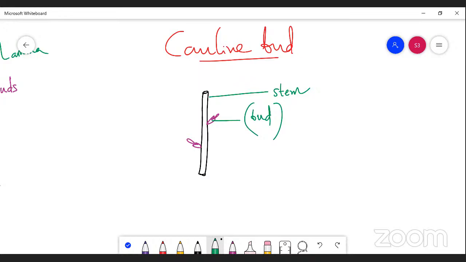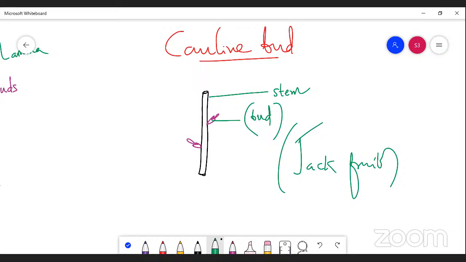For cauline buds, an example I can say is jackfruit. In the case of jackfruit, you can find cauline buds because the bud arises directly from the stem. Generally, a bud must originate either from the growing point or the leaf axil.